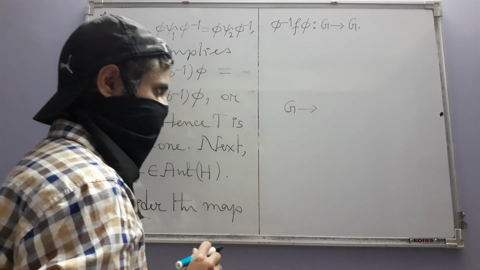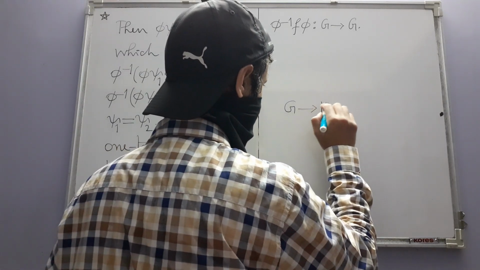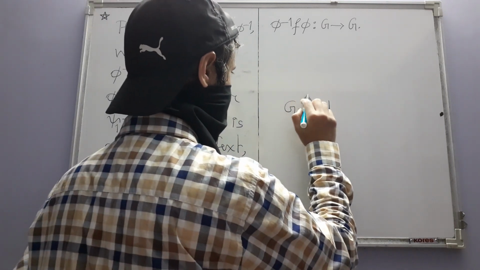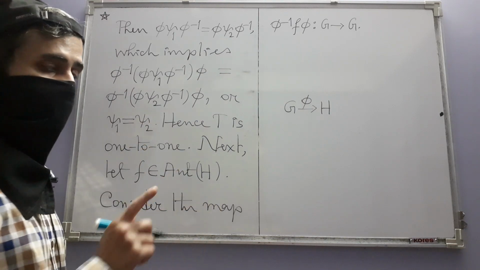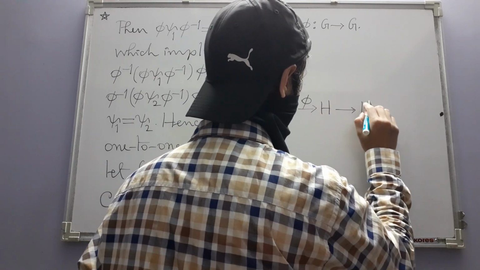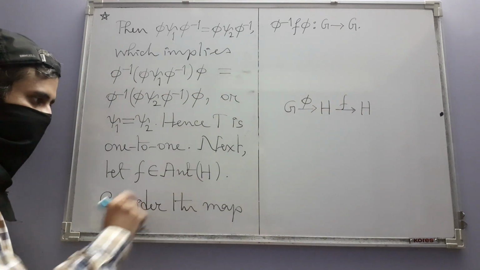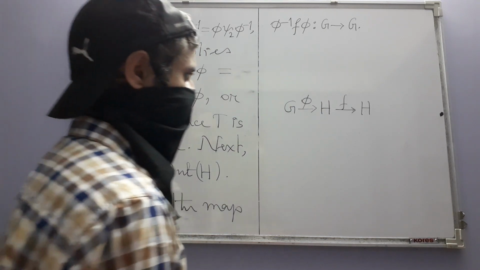Phi takes us from G to H because phi is the big thing in the beginning. So phi takes us from G to H, and then F takes us from H to what? H to itself. Why? Because we have chosen F to be an automorphism of H. So after all, it's a function from H to itself.